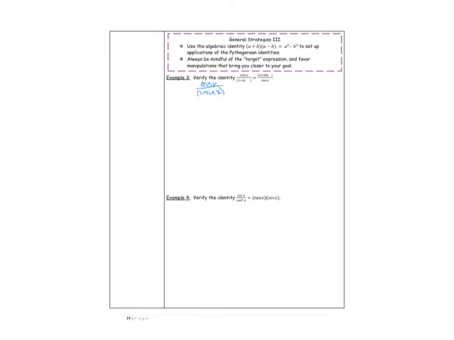So like I said, the denominator is not very simplified to me, so I'm going to use the strategy above, which shows us that this is an a minus b, so I'm going to multiply by an a plus b. So I'm going to rewrite my expression, cosine of x over 1 minus the sine of x.